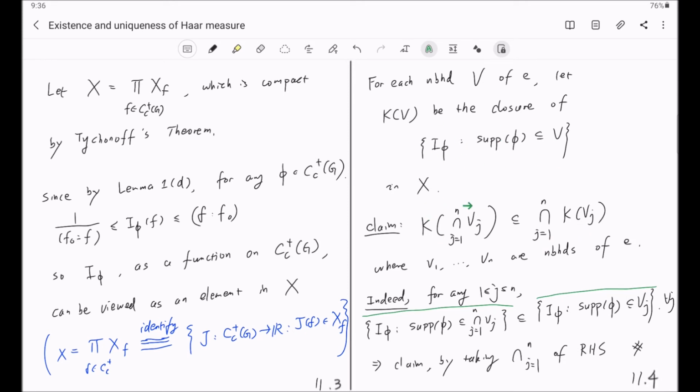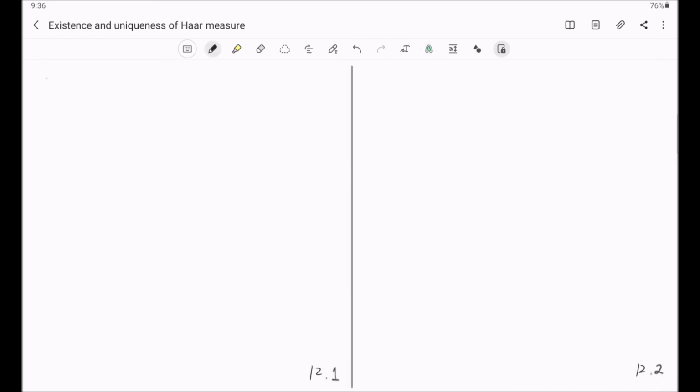So now, why is the left-hand side non-empty? The left-hand side, which is K of the intersection from 1 to n of V sub j's, is a closure of this set. But this set is non-empty because of Riesz's lemma.